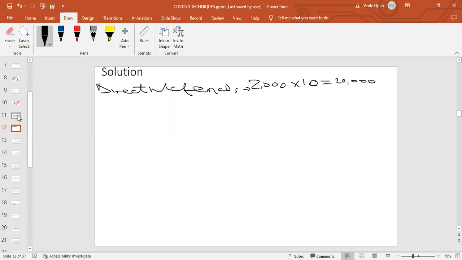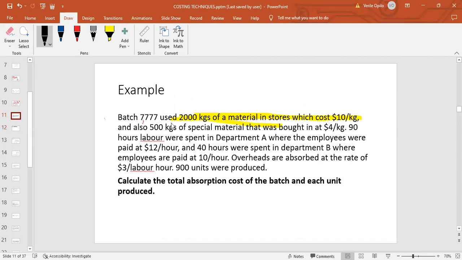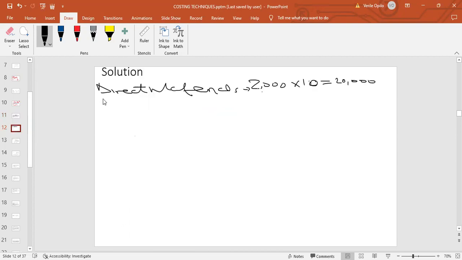We go to the next element. We are told that we also had 500 kgs of special material that was bought in at a price of $4 per kg. So we add the special material.